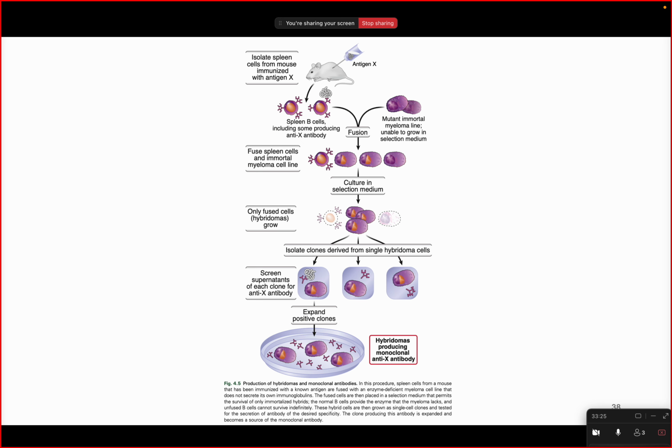There will be no cross reactivity. There is a higher probability that the causative agent or antigen for which you are administering the antibody will be targeted, because it is of monoclonal type.